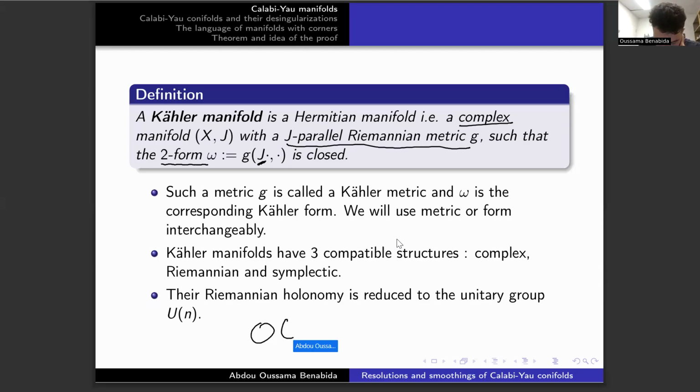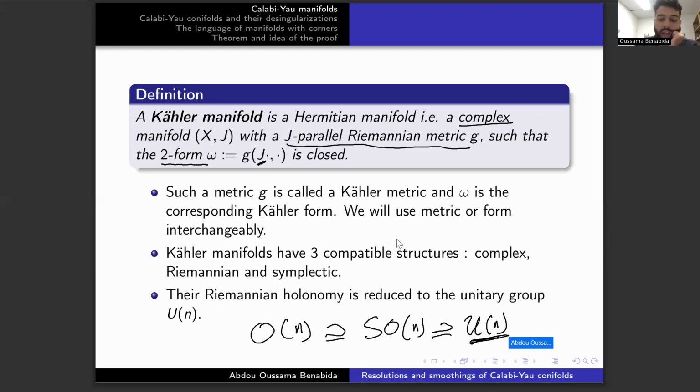So it's always included in your O(n), but we could have holonomy in SO(n). These are the orientable Riemannian manifolds, and then we have U(n). And here we get to, so Kähler manifolds are exactly the Riemannian manifolds which have Riemannian holonomy included in U(n).